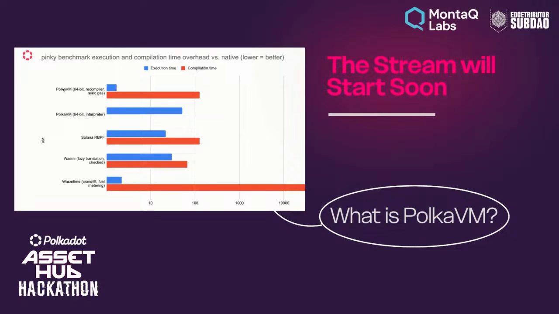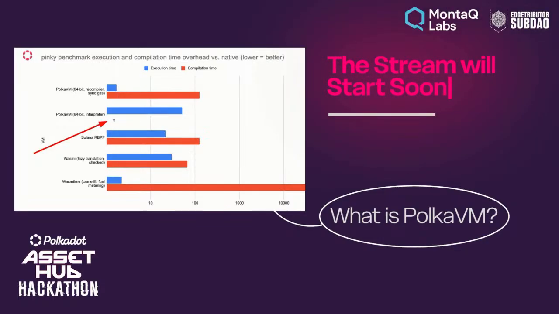And PolkaVM, and this is not even very well optimized, just executes this with the interpreter faster than the fastest WebAssembly compiler. And then what we also see is the interpreter, while it executes a lot slower, has zero compilation time overhead. So there's nothing missing here.